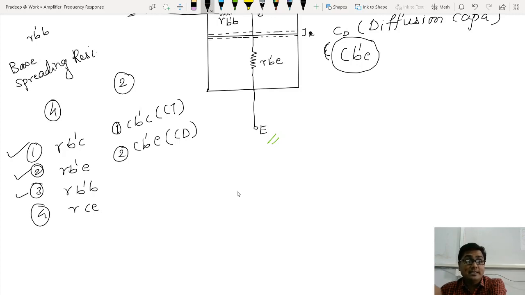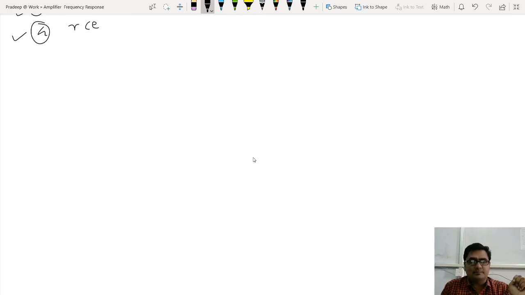And look at this, this is base spreading resistor, that is between virtual base to the actual base, and this is internal resistance present between collector and emitter. This is diffusion capacitance and this is transition capacitance, like these 4 resistors and 2 capacitors. Now let us discuss something about this RB dash B, that is base spreading resistor. What is that?